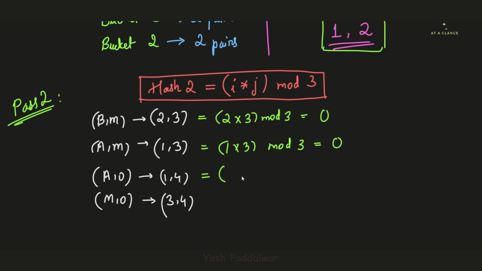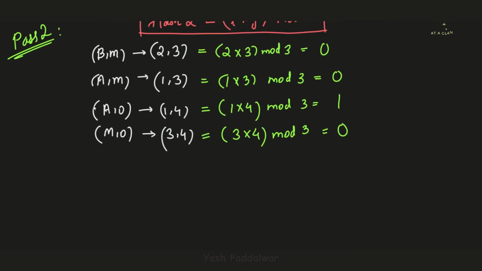Similarly, let's move on to the next. 1 multiplied by 4 modulo 3 gives us 1. That means the pair AO belongs to the first bucket. Next, we have the pair 3, 4. So 3 into 4 modulo 3 gives us 0. So from all these pairs, we can see that 3 pairs belong to bucket 0 and only 1 pair belongs to bucket 1.